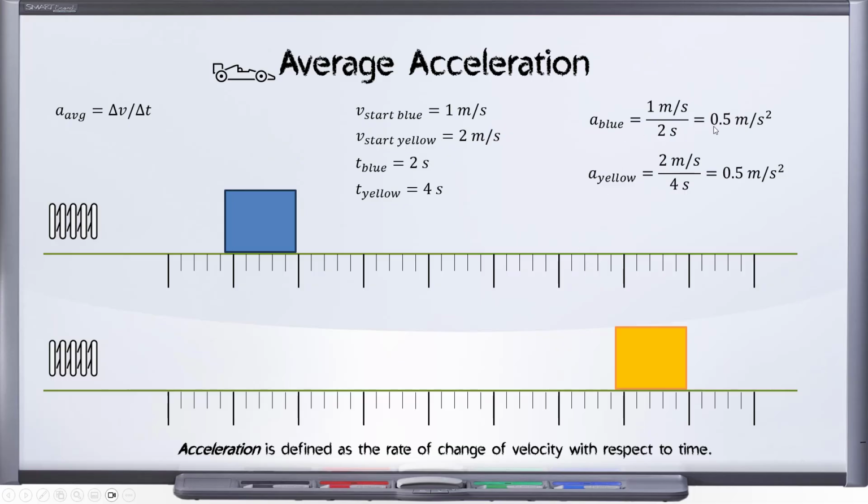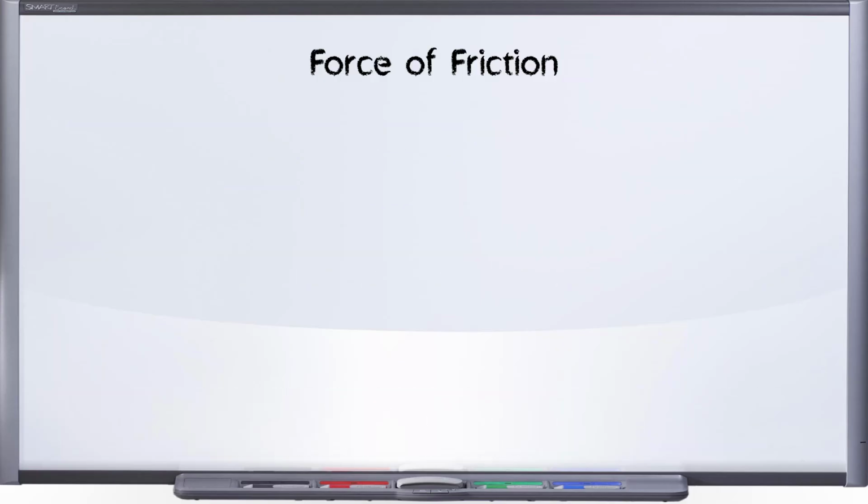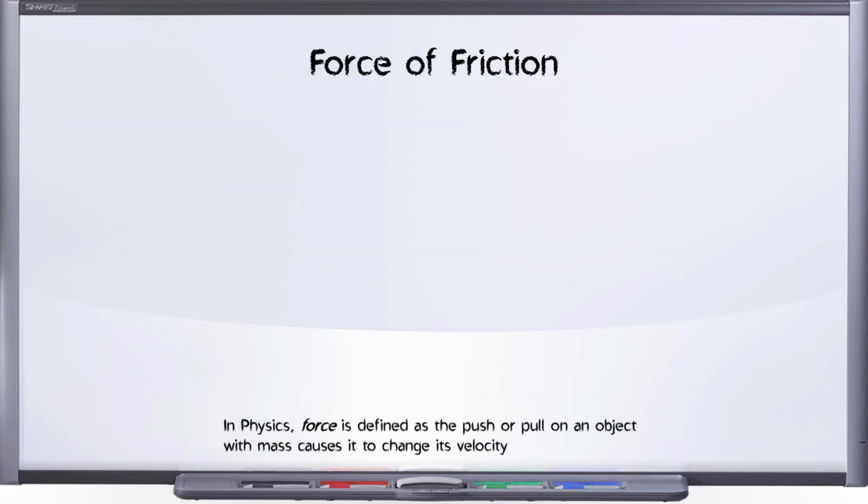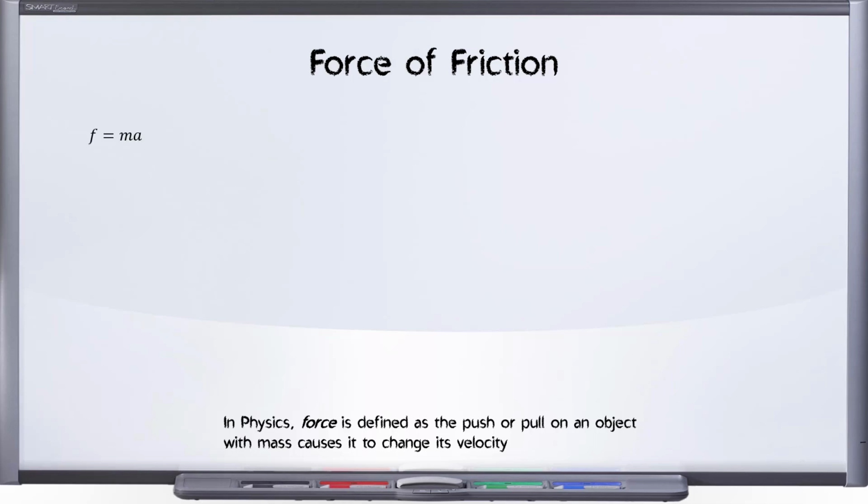Okay, there's our accelerations. The acceleration together with the mass allows me to get the force. And I've written here force of friction. We're presuming that the reason that the objects stopped sliding was that they were experiencing friction with the sliding surface. It's a thought experiment, so we are discounting any other source of potential force.